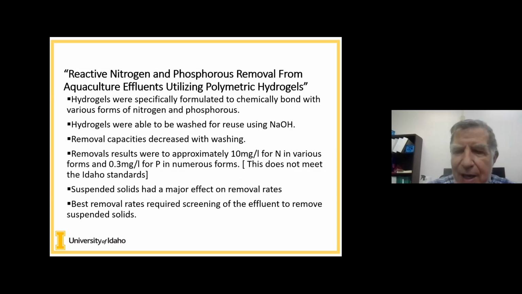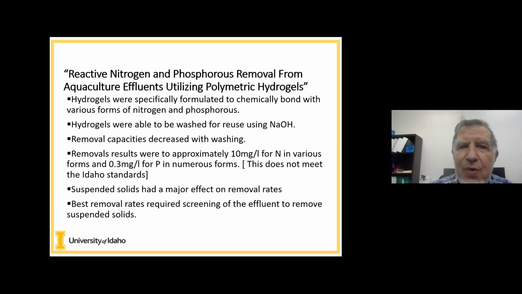The next RPA that we're talking about will be reactive nitrogen and phosphorus removal from aquatic effluents utilizing polymetric hydrogels. The hydrogels that they were using on this were specifically formulated to chemically bond with various forms of nitrogen and phosphorus, of which there were a high number.